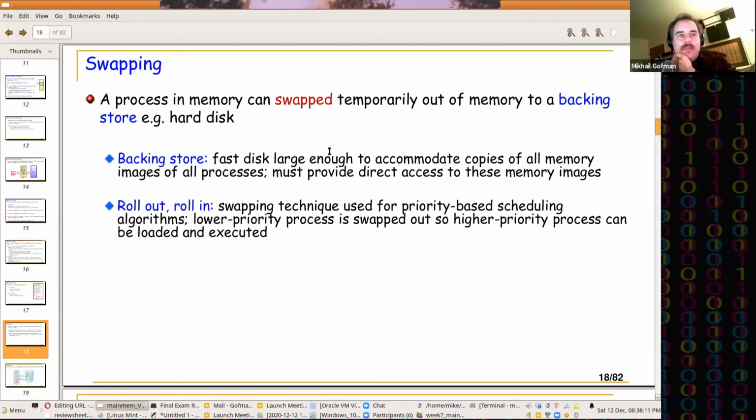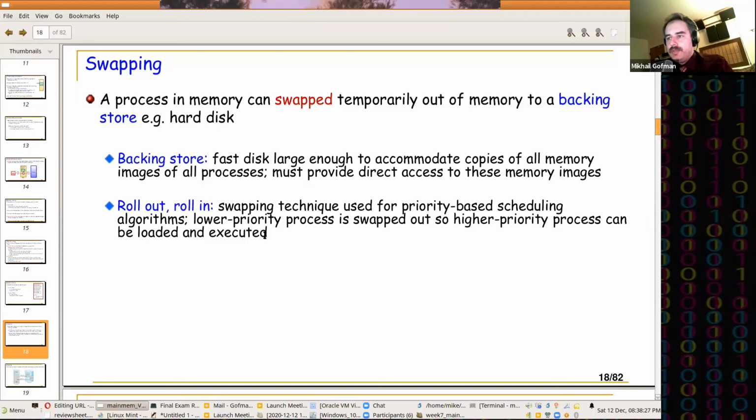So for example, let's say that I'm running low on memory, so I can temporarily take one of the processes that isn't doing anything, is just waiting. I can temporarily swap it onto the disk, and then I can bring it back later.